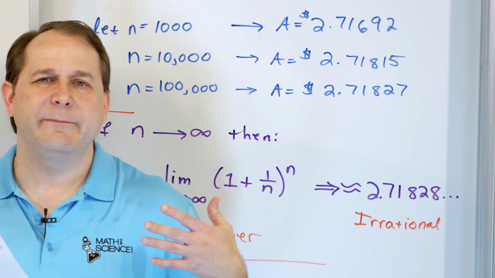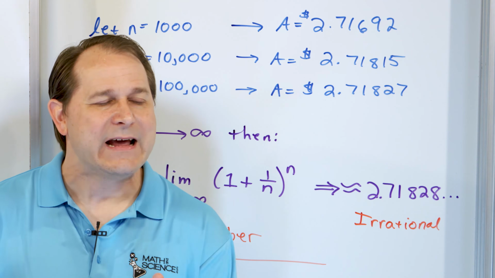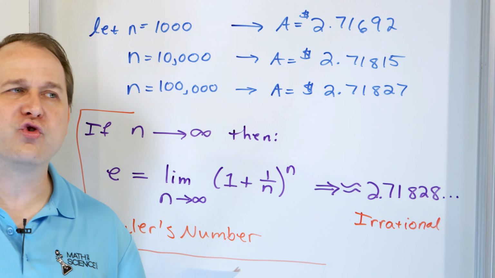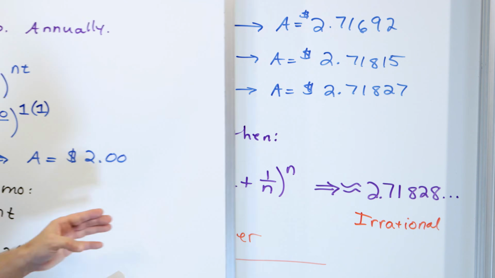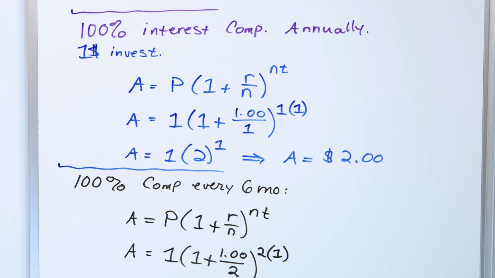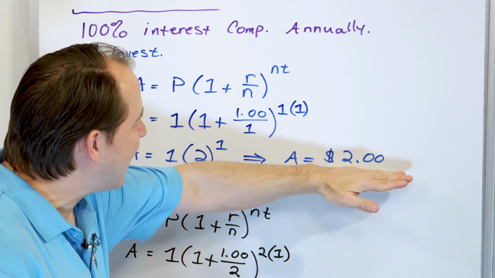The special number e comes about because exponential growth is when you take a number and you grow it exponentially over time, right? So if you pick the special case of compounding annually, where I'm going to double your money in a year, then that's exactly what you would get.